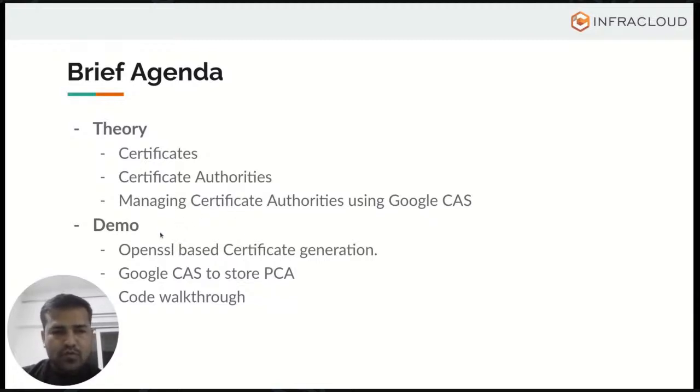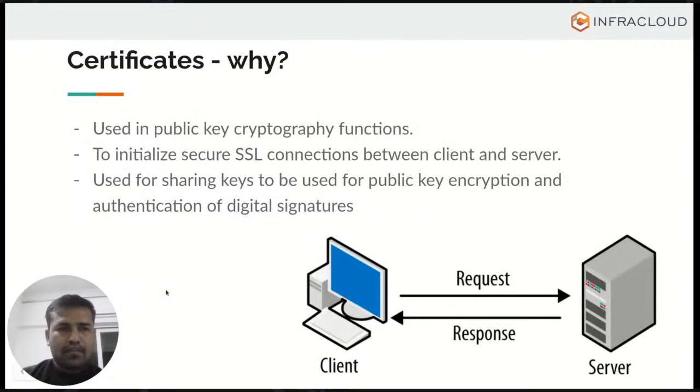In the demo, we will see OpenSSL based certificate generation, how to use OpenSSL commands to generate the certificates and certificate authorities as well. We will also see the Google Cache dashboard, and then I will walk you through the code which I have for retrieving the CA pools from my account.